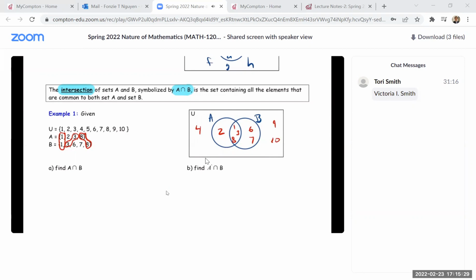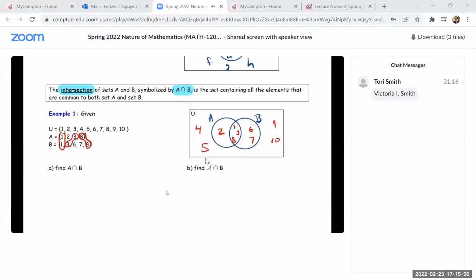Should be one more. 4, 5, and 10. Oh, 5. Yeah, 5. So now we got them all. 1, 2, 3, 4, 5, 6, 7, 8, 9, 10. All right, so we got them all.